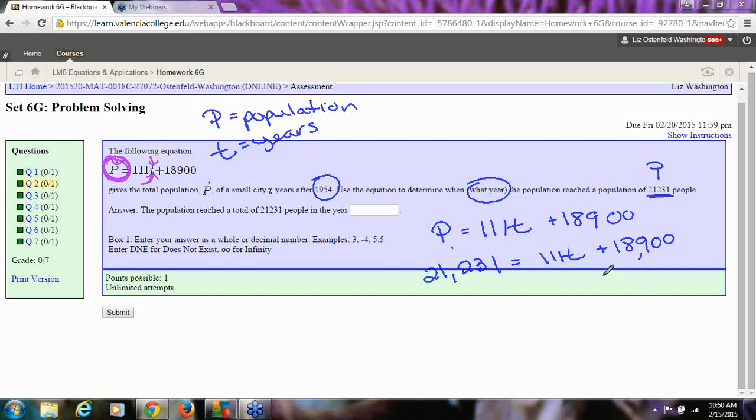So in order to get T by itself here, I need to subtract this 18,900 on both sides. So you can see I'm going to have a significantly smaller number, right?